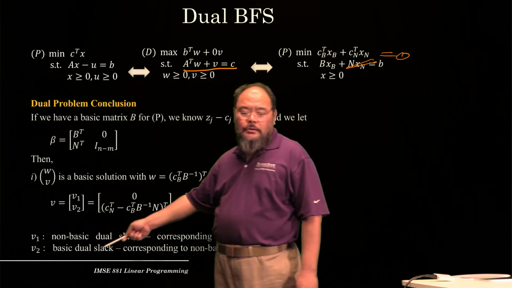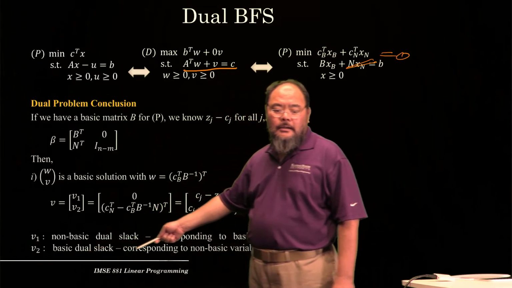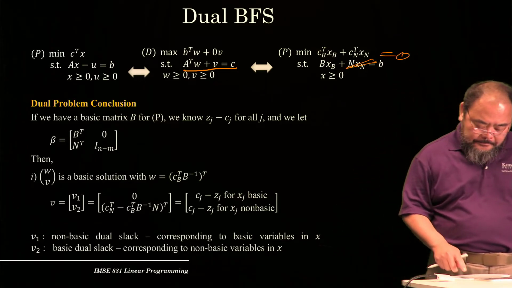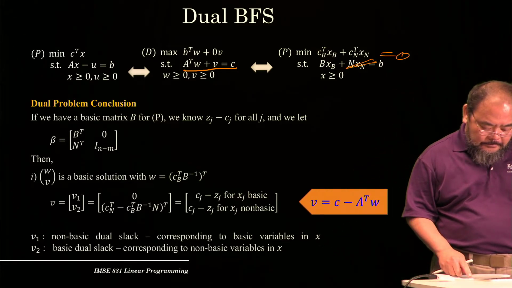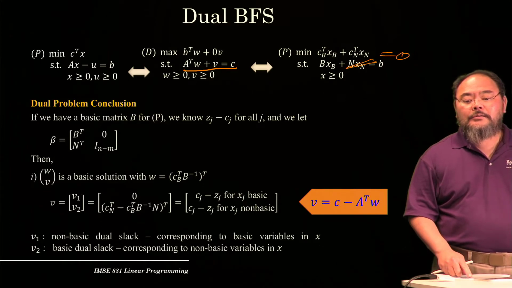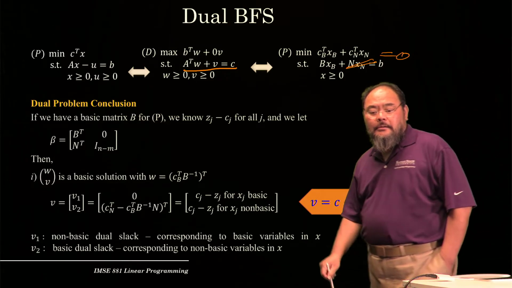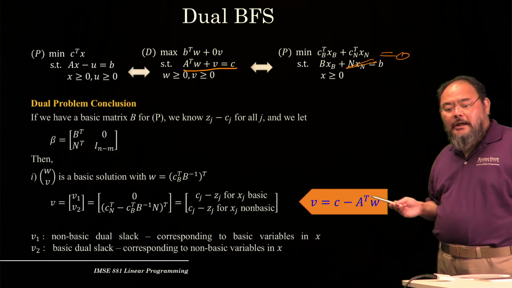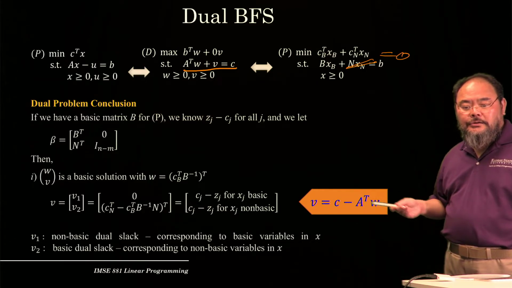V2, of course, is called the basic dual slack corresponding to the non-basic variable in X. All right, once more, a reminder: V equals C minus A transpose times omega. That's the dual slack meaning.